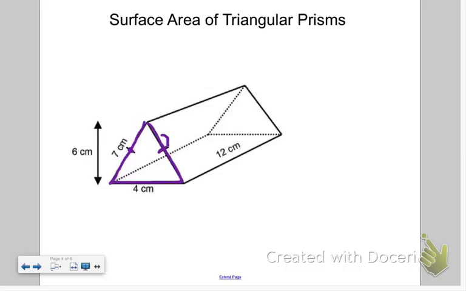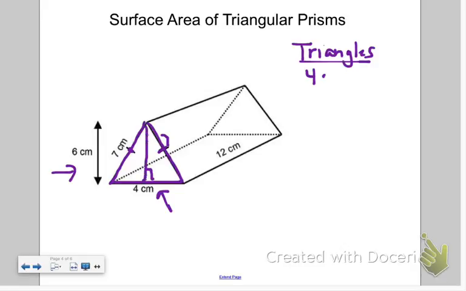Let's start by finding the area of those isosceles triangles. So I'm going to write triangle here, or triangles. And it looks like my base here is 4. My height is actually over here, it's 6. Do you see how the height, they extended it outside of the prism?